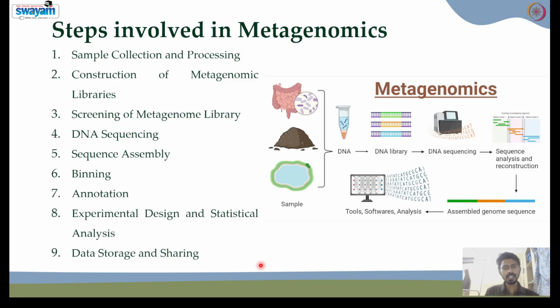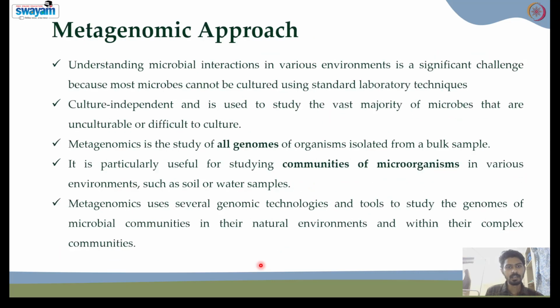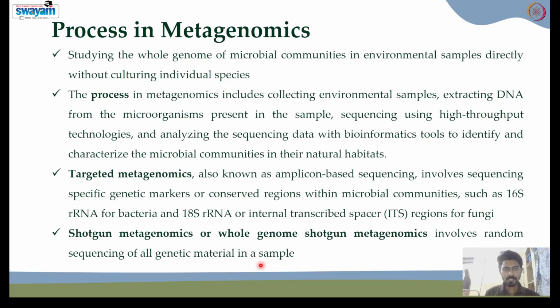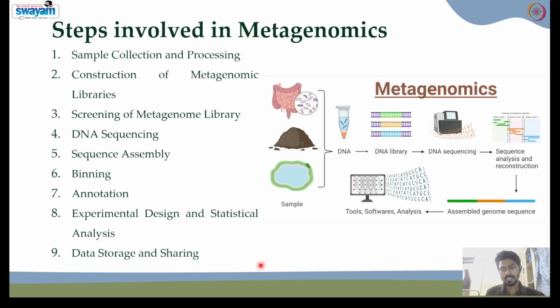So this is the metagenomic part, where the primary concept is we will be analyzing all the genomes that are present in an organism. And how is it done? There are multiple steps involved where we will be constructing the library. After that, we will be screening it. We will be analyzing the DNA sequence.